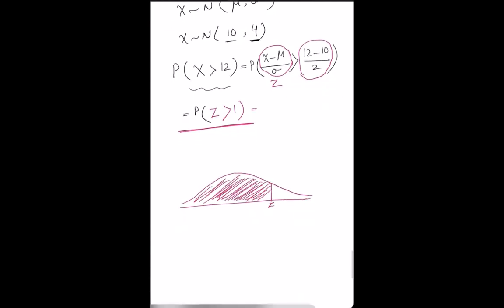So that means the probabilities you see in the table are the probability that the random variable Z is less than this value. These types of probabilities are what the table returns.